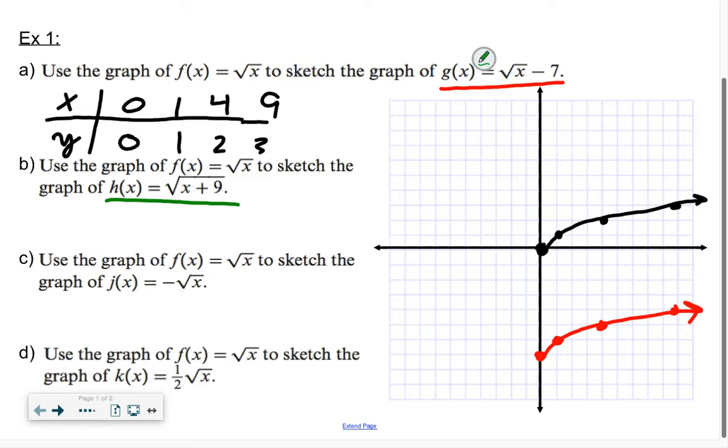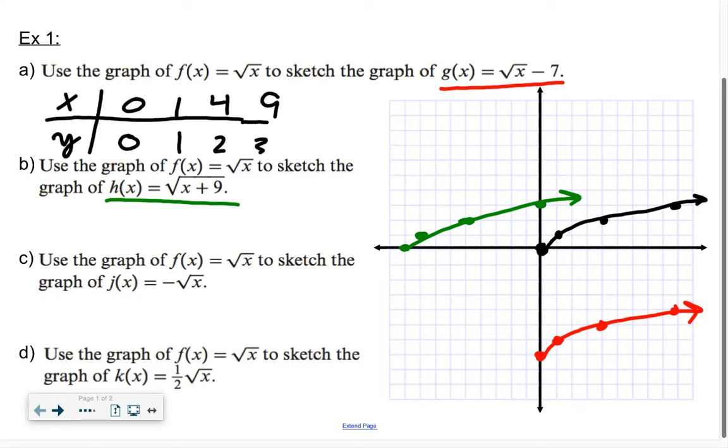Left or right, 9 units? Left. It's always the opposite on the inside. Plus 9 means we're going left. And there we go.